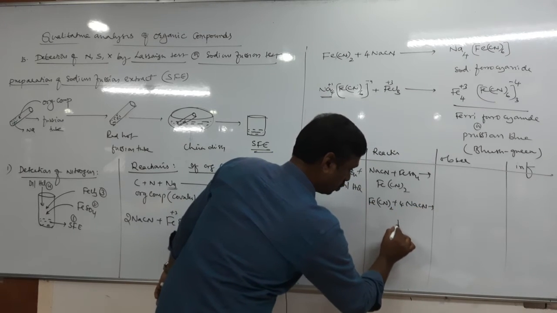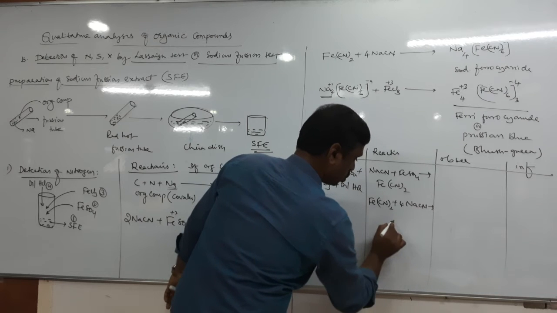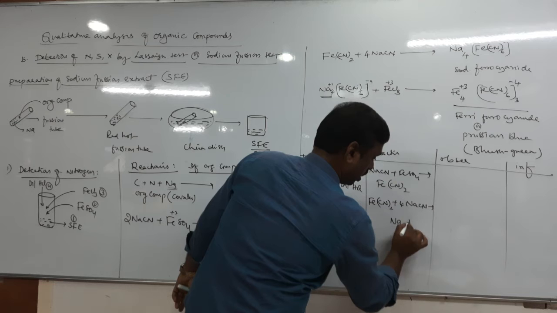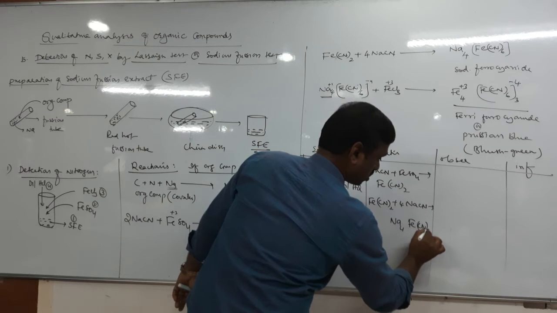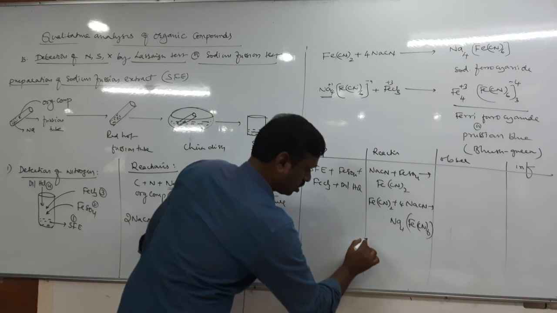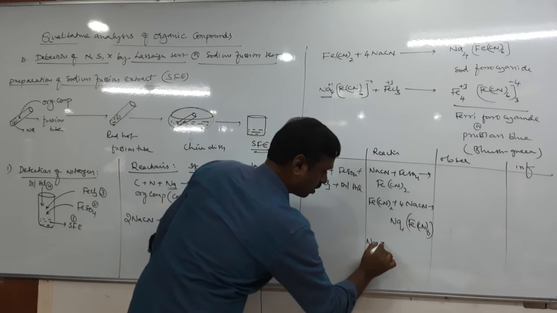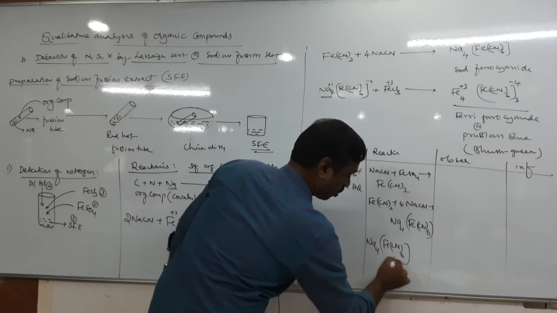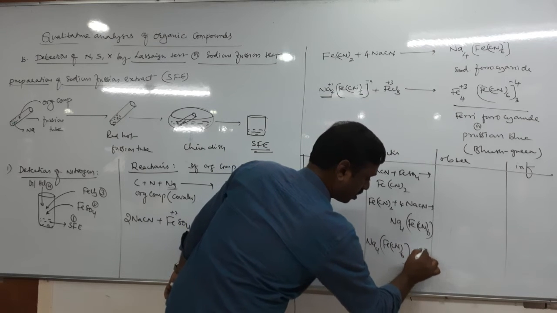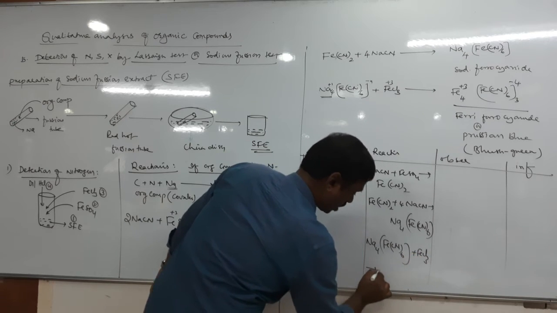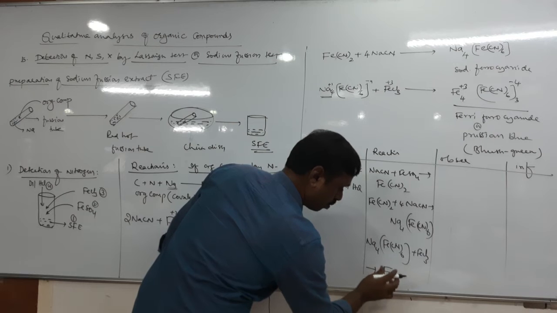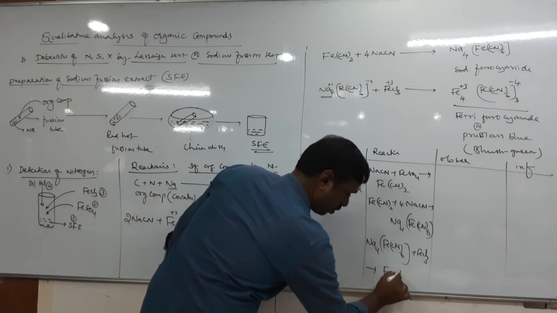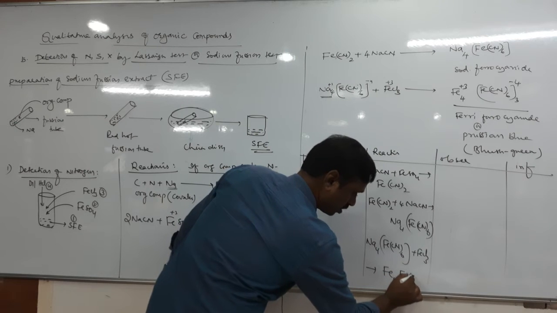It gives rise to sodium ferrocyanide, Na4[Fe(CN)6]. Now this sodium ferrocyanide is treated with ferric chloride, FeCl3, which gives rise to the most important compound, Fe4[Fe(CN)6]3.